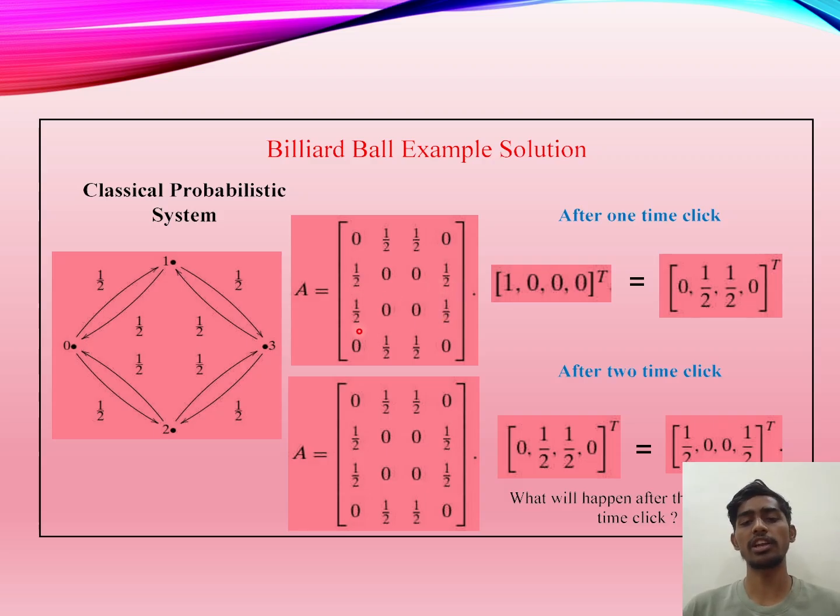So at the second and third positions we get 1 by 2, and at the fourth position we also get 0, because 0 into 1 is 0, 1 by 2 into 0 is 0, and 0 into 0 is 0.